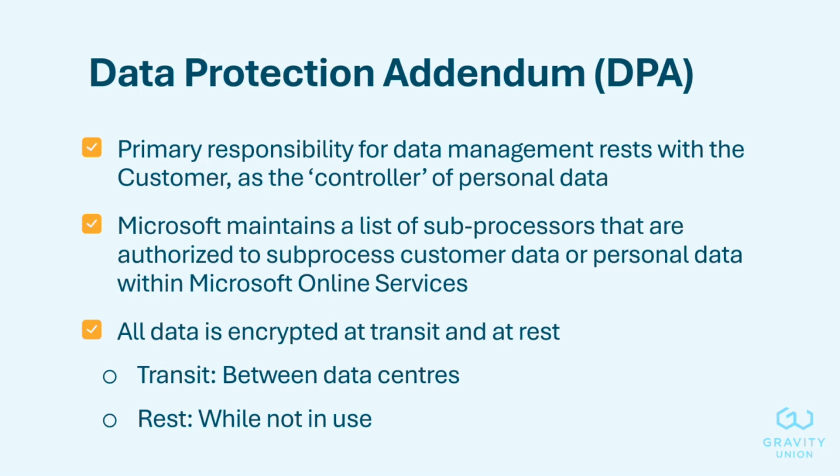All data is encrypted in transit and at rest within Microsoft and its subprocessors when and if they are involved. Transit being understood as when the data is transferred between data centers and your own cloud tenant, and rest meaning while the data is not actively in use.